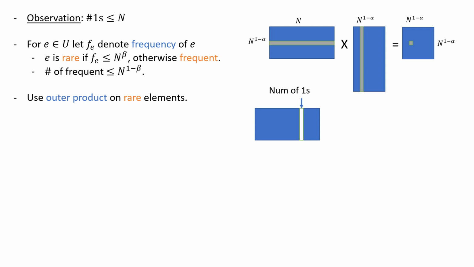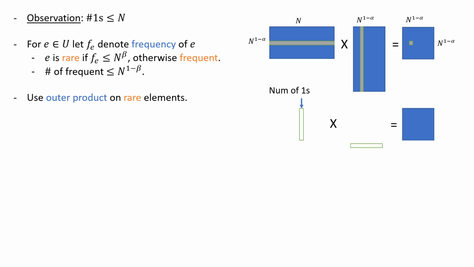Our algorithm has two parts, one for rare elements and one for frequent elements. In the first part, the algorithm extracts information from rare elements using an outer product, one outer product for each rare element. The outer product for each rare element is between the column in the first matrix corresponding to the rare element and the corresponding row in the transposed matrix.